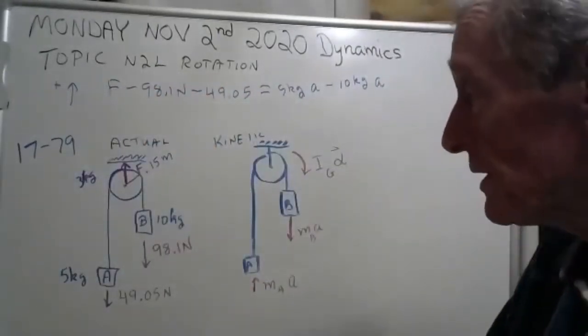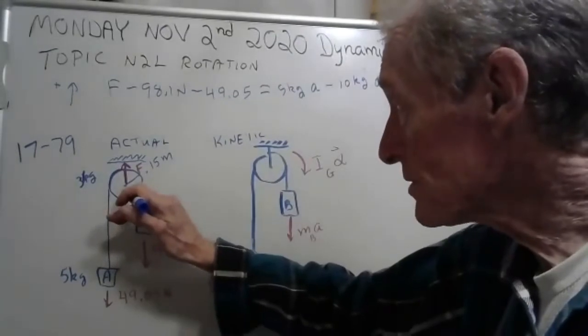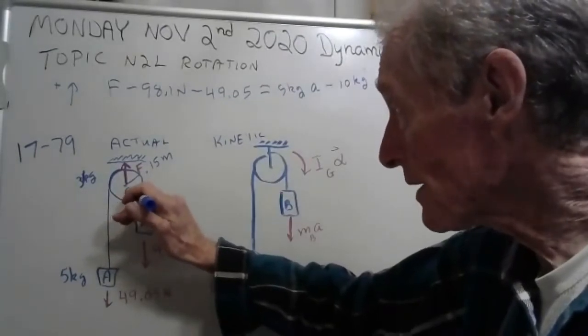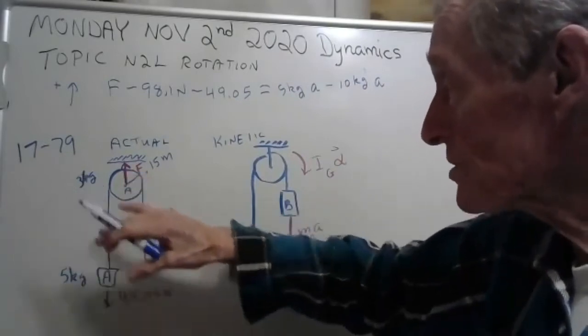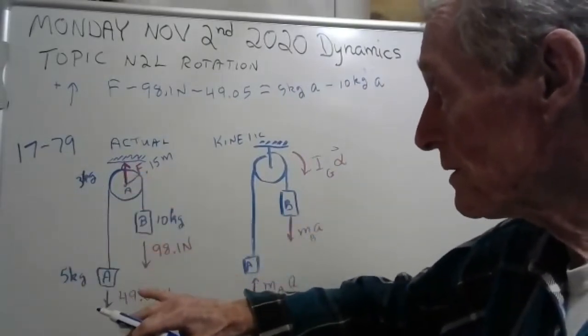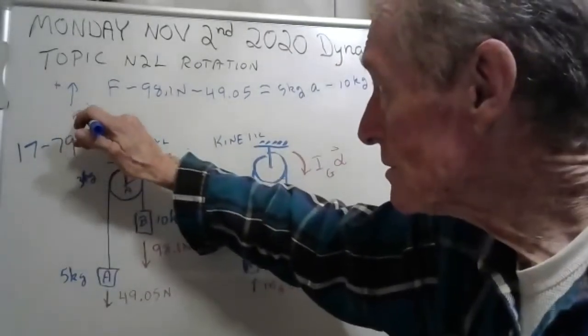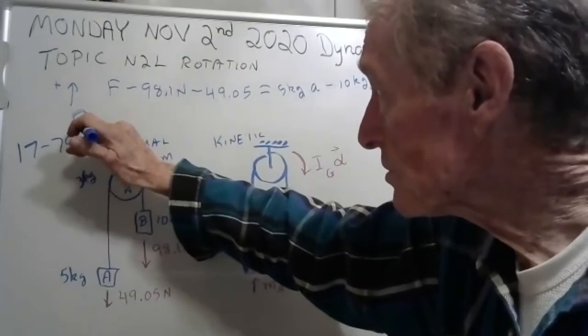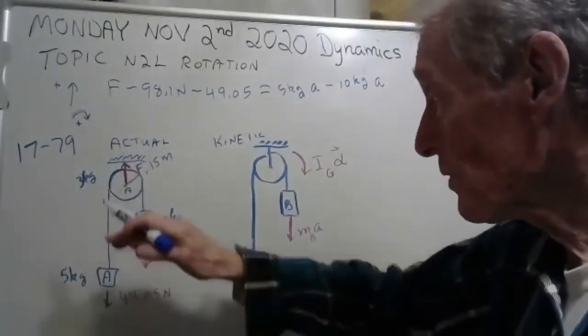Now on this one, we have the sum of the moments. We'll take the sum of the moments about this point A here. Let's call it A. That force doesn't give you a moment, but this one does. This is not traditional. I'm going to write them as clockwise because that's the way it's going.